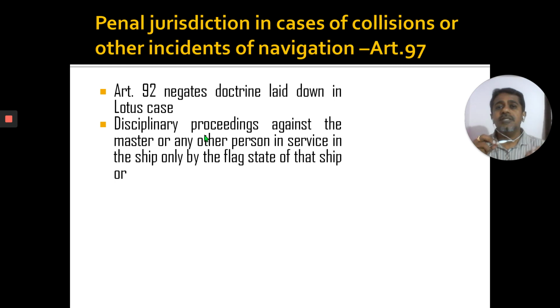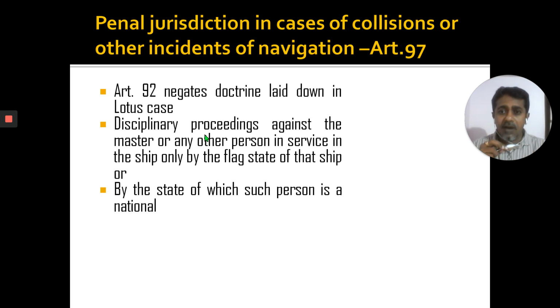Such proceedings can be taken up only by the state whose flag the ship is sailing under. Only that state has jurisdiction and not other states. Further, it can also be done by the state of which such person is a national.